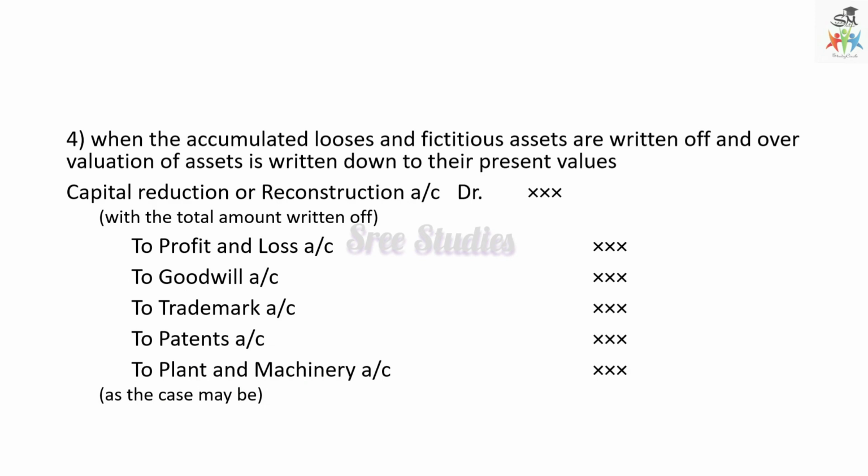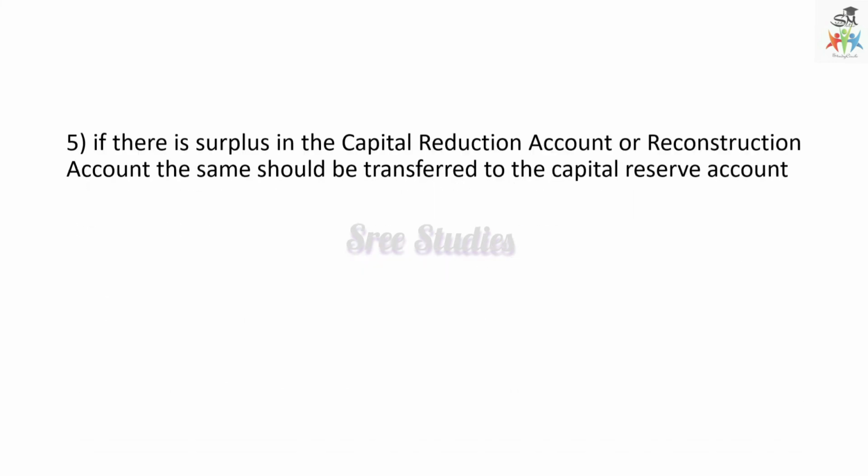This is for the written down value of assets. So as the case may be, whatever has been given in any point or all that has been given in the balance sheet, that should be taken into consideration.